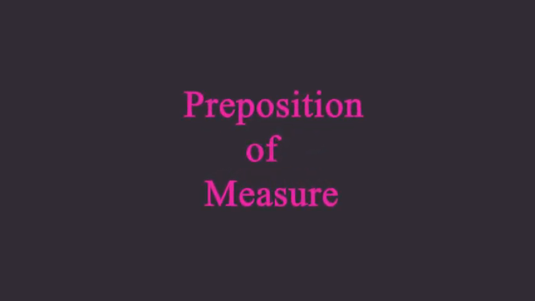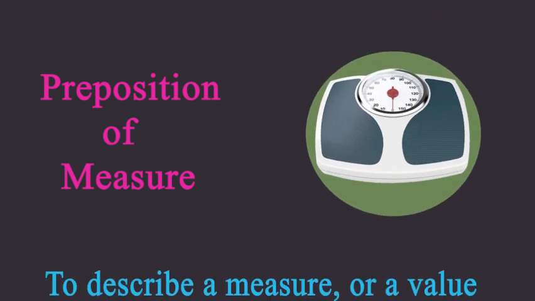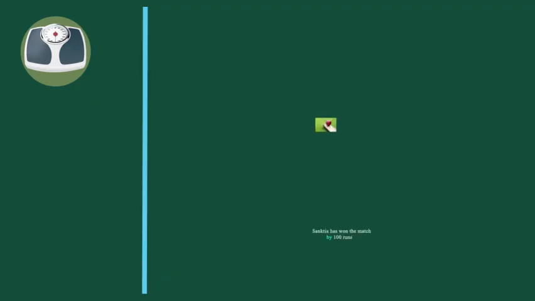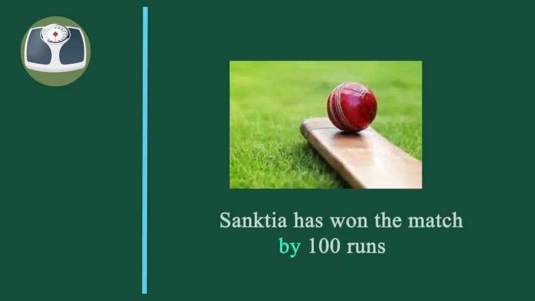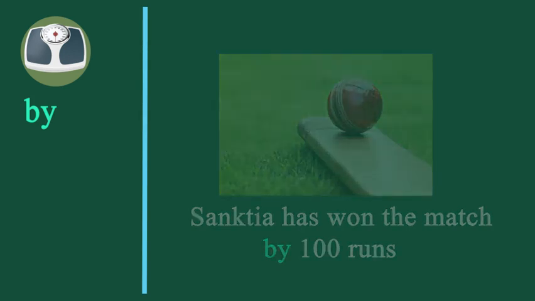Preposition of measure. It describes a measure or some value. So preposition of measure. Saktia has won the match by 100 runs. Here 100 is a value and by implies a preposition of measure.